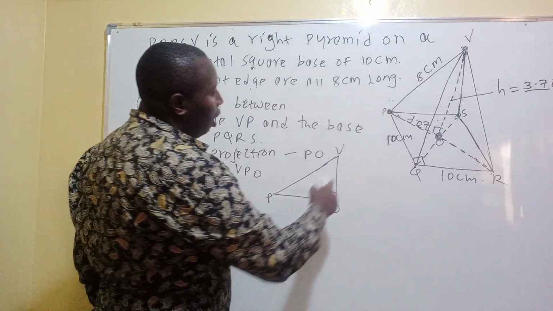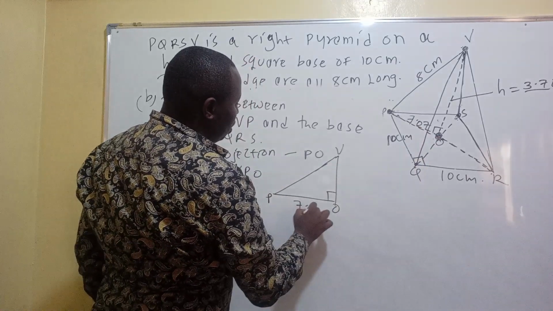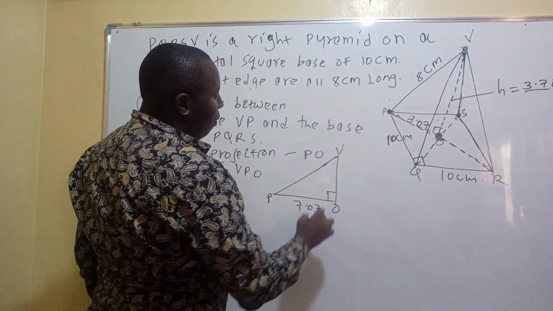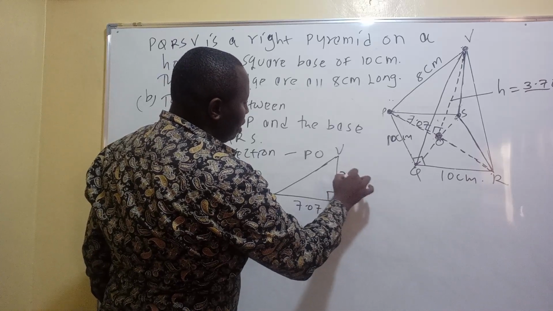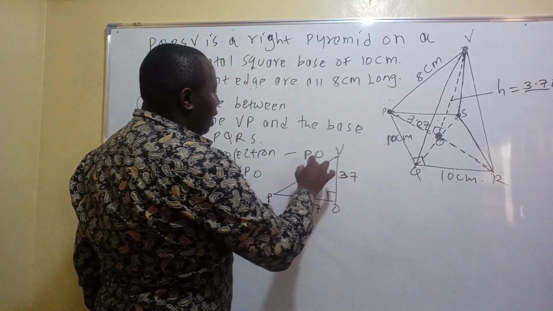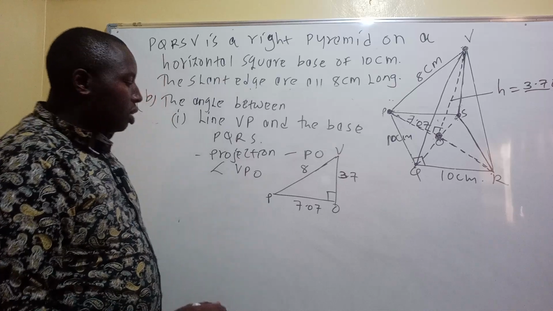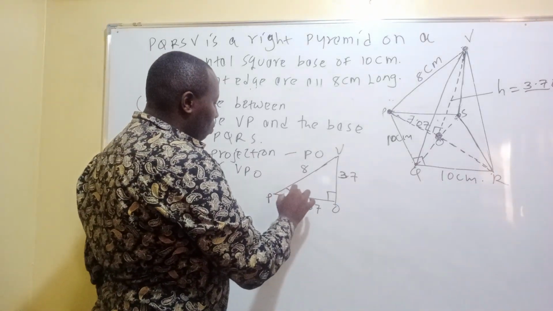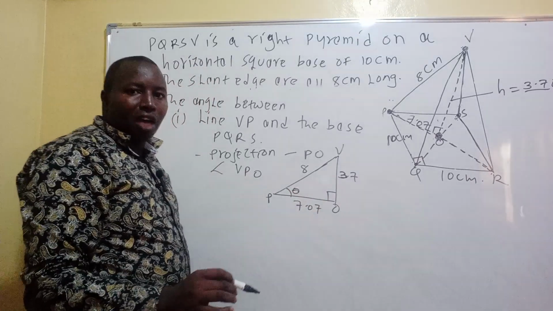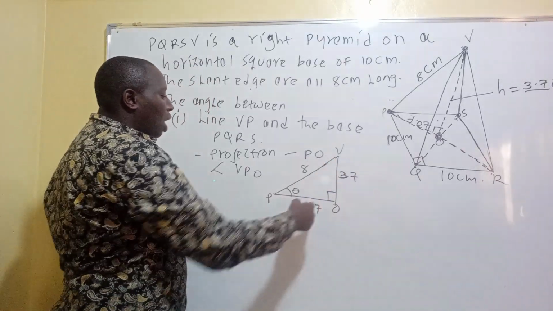Our PO is 7.07, our height is 3.7, and VP was 8. Call this angle theta. So the required angle is VPO, angle theta.